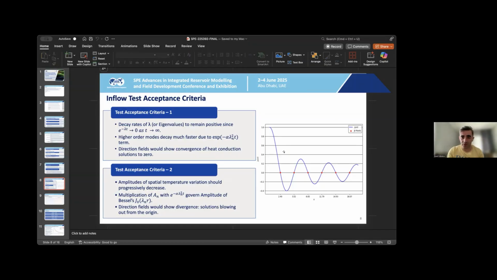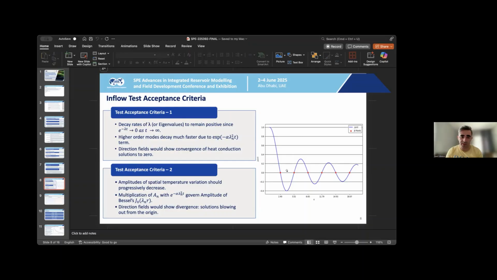On the right side, you see the Bessel's equation. This is the zeroth order Bessel's equation. So basically, criterion number one: the eigenvalues, which is lambda, should always be positive, because if it's negative, the exponent will be positive. And the other acceptance criterion is that those oscillations you see on the right side of the plot should decrease over time.